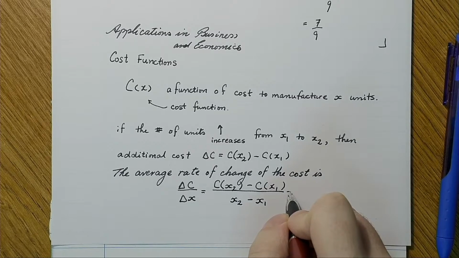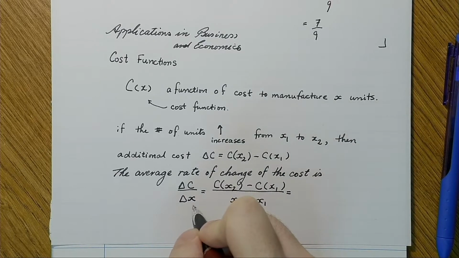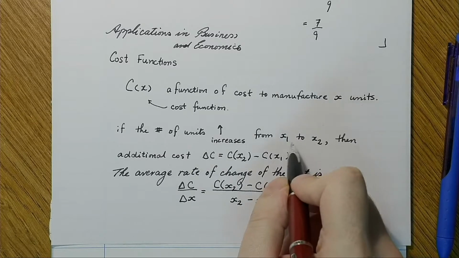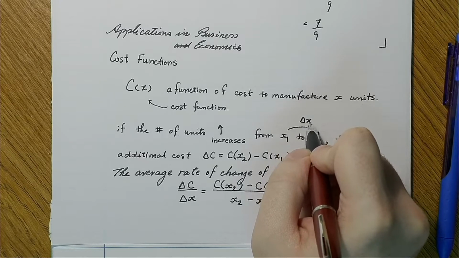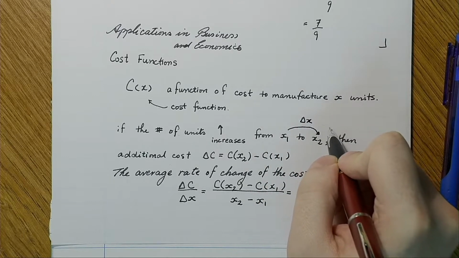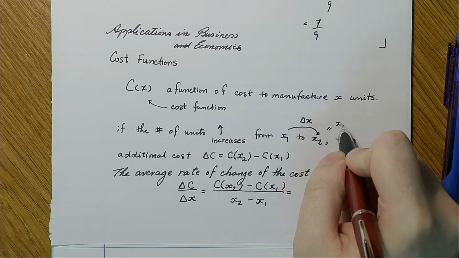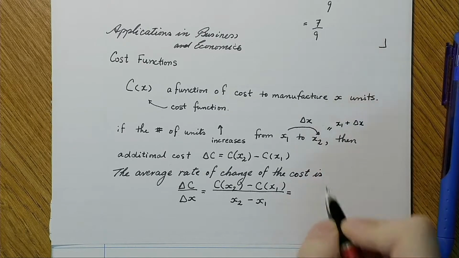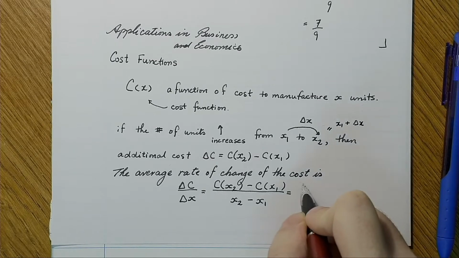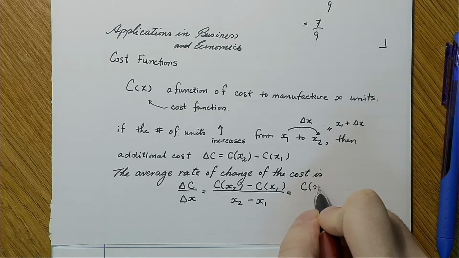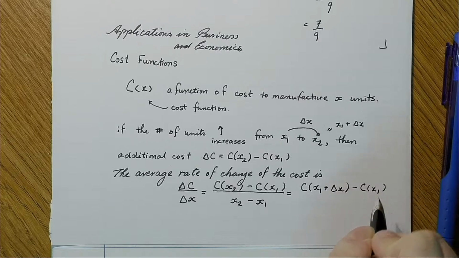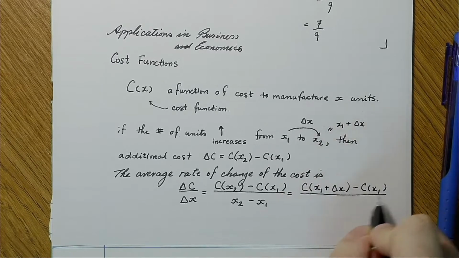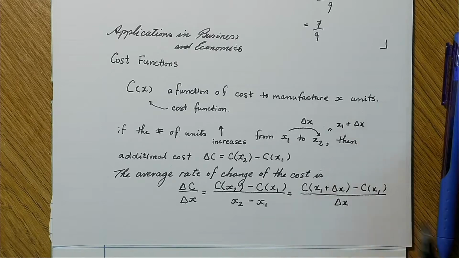Or equivalently, the delta x could be the change from going from x1 to x2. So going from x1 to x2 is our delta x, which means that x2 is equal to x1 plus our delta x. So equivalently, we could write it by replacing our x2 with that: C of x1 plus delta x minus the cost of x1, all divided by our delta x.